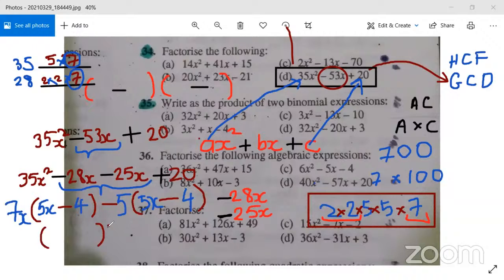And of course, we carry out our same duty here. Our 5x minus 4 appears twice, so we write it down just once. Then, of course, we will have our 7x here, our minus 5 here.